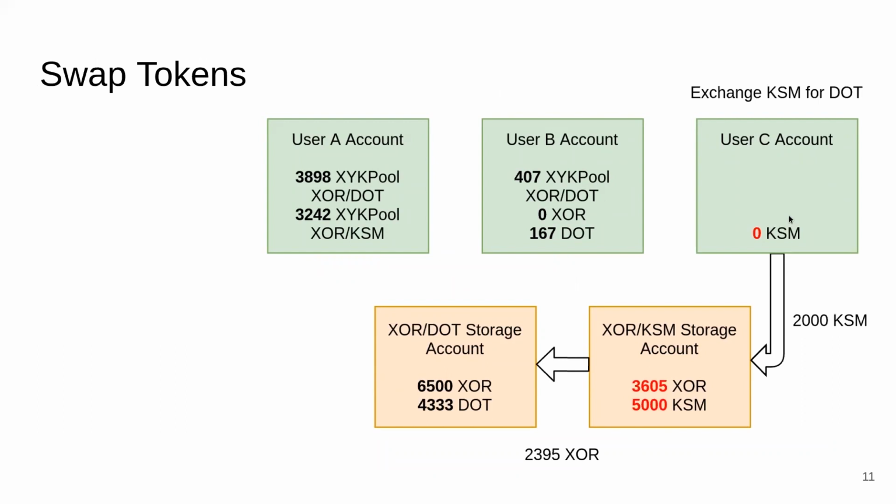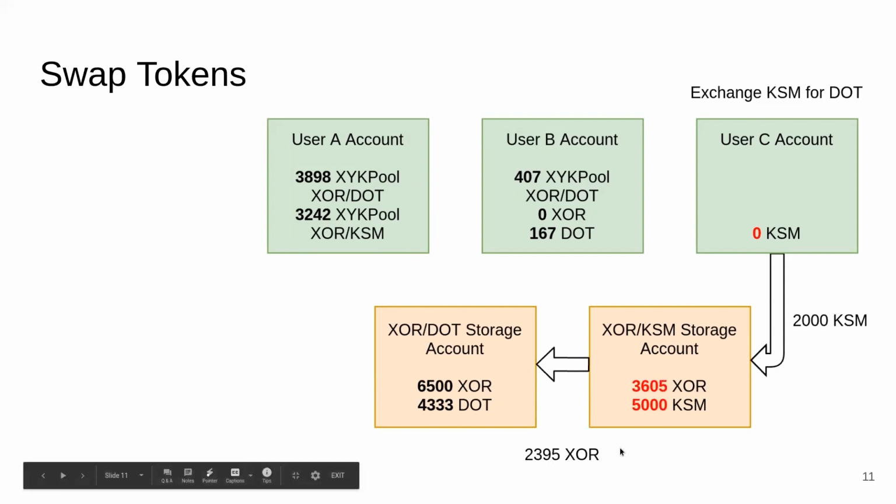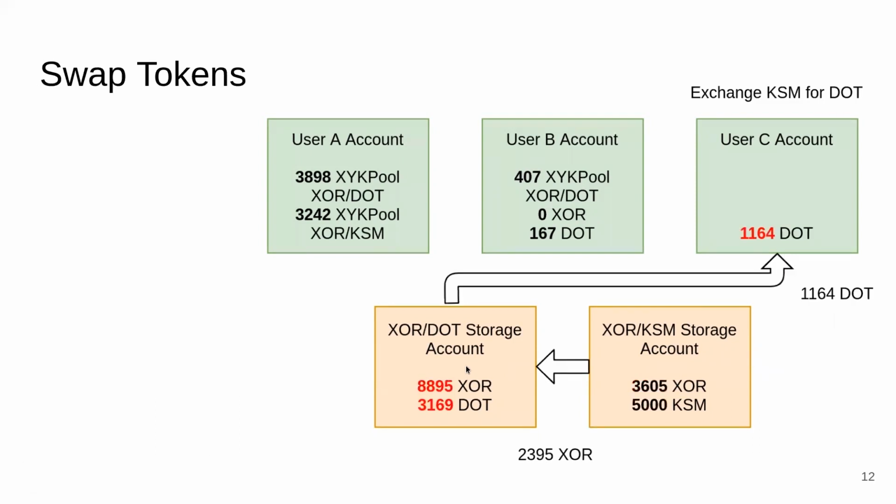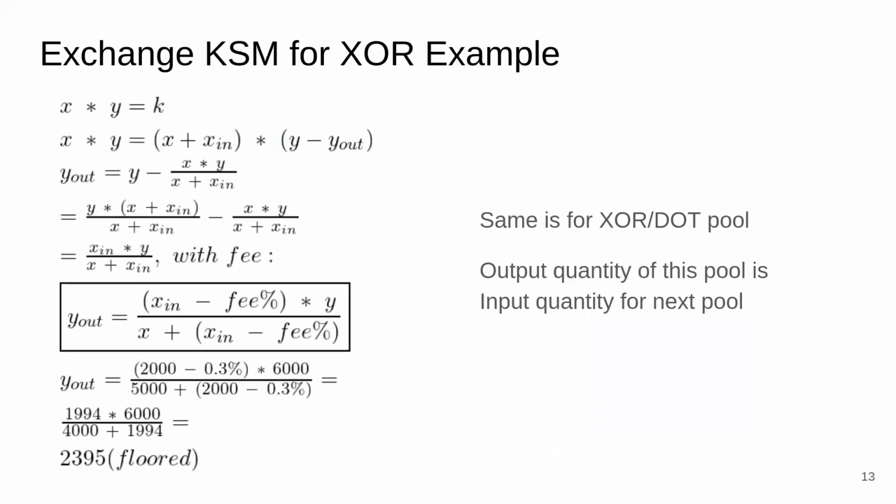Basically he calls the swap ISI, and with that he transfers his 2000 KSM to the first pool, which in this classical approach deducts the fee right there, and as an output the pool transfers the XOR into the second pool, which also swaps it for DOT, and the DOT tokens are returned to the account. So here is the exchange that happened.